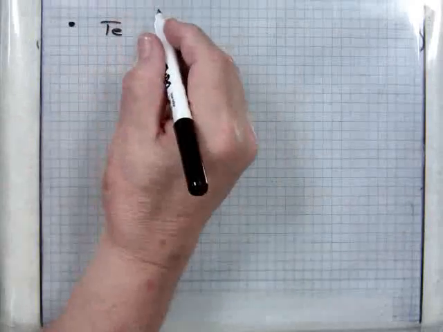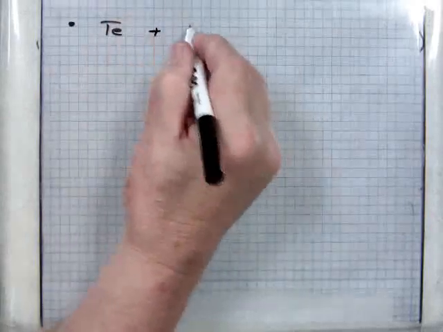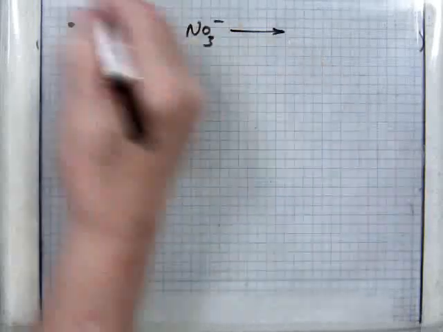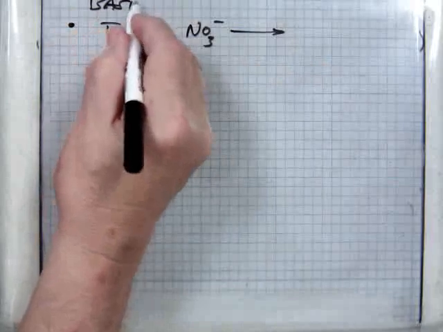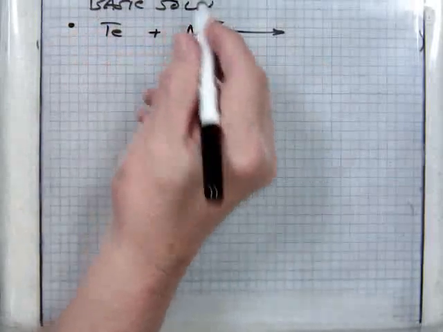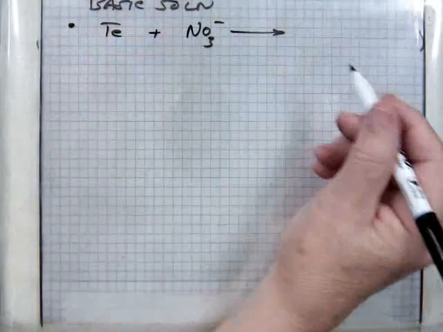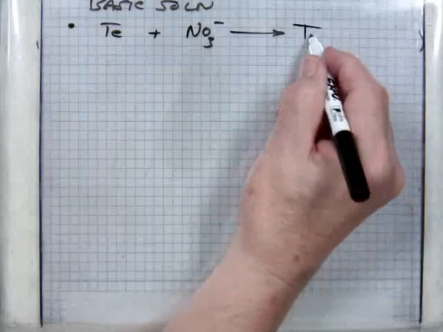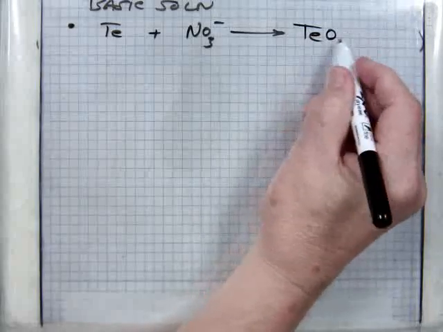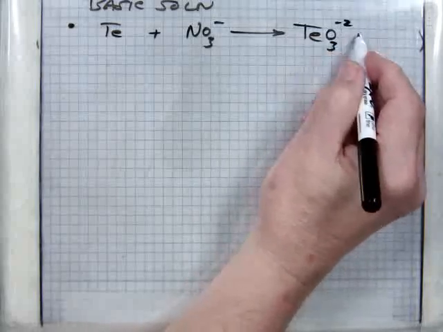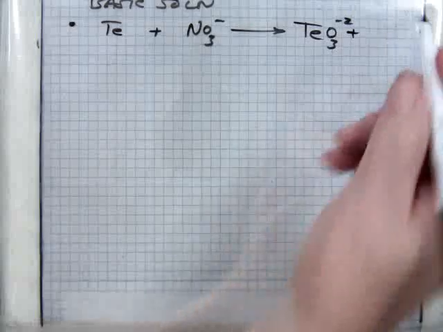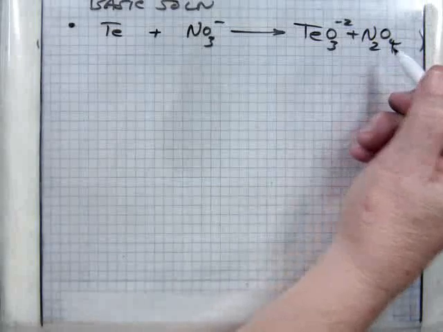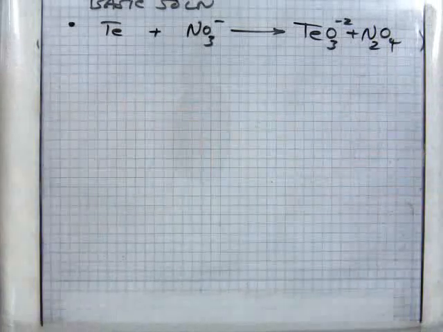Okay, we take tellurium plus the nitrate ion, and we're in a basic solution. It goes to tellurium oxide and NO4. We go through this.